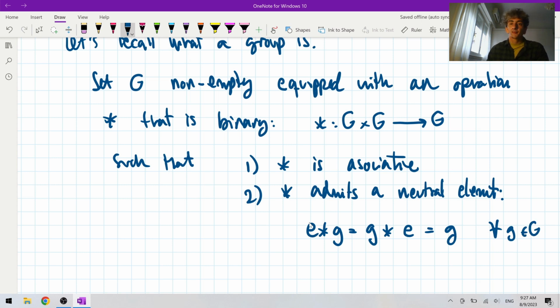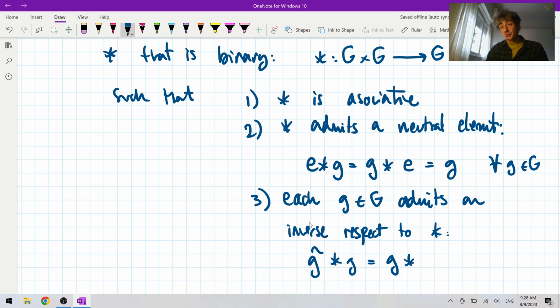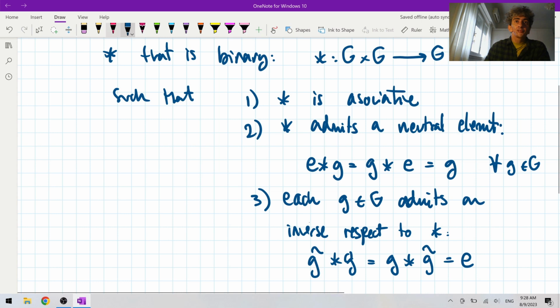And third, each g in G admits an inverse with respect to star. This means that for each g there's a g tilde such that when we combine it with g, what we get is the neutral element.